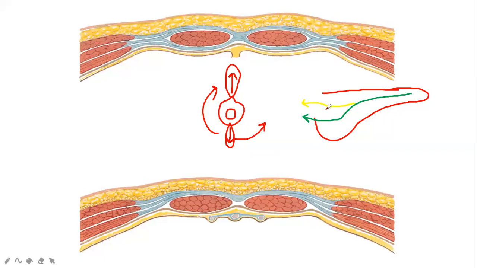And then I'm sorry for the background. And then for the accessory pancreatic duct, I think it's from the dorsal pancreatic duct, the proximal part.